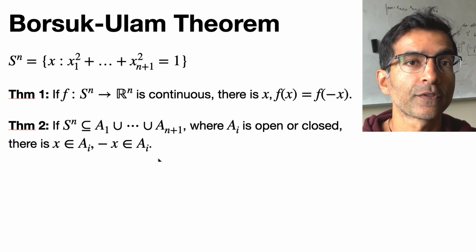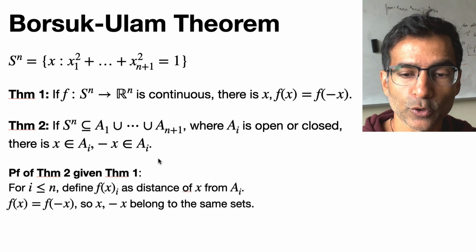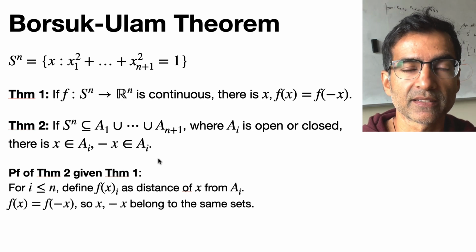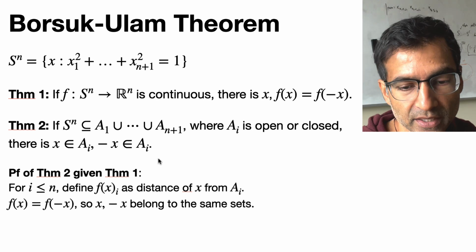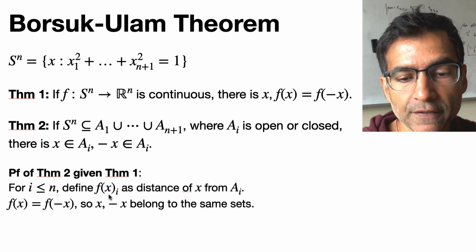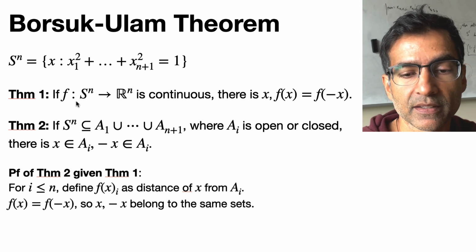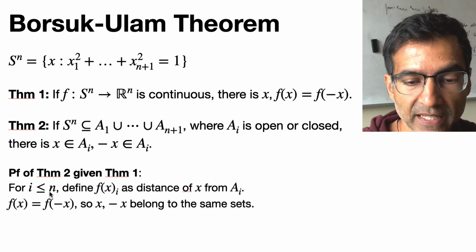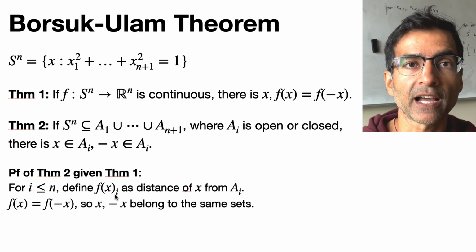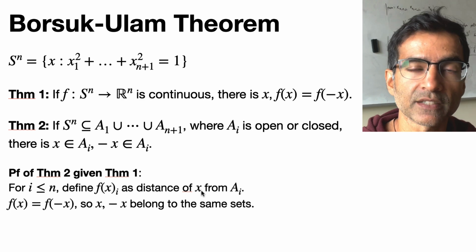Let me explain how to prove theorem 2 from theorem 1. Suppose you're given n+1 sets a1 through an+1, as in theorem 2. Then you can define a function f of x mapping the sphere to n-dimensional space by taking the first n sets and defining the ith coordinate of f of x to be the distance of x from ai.